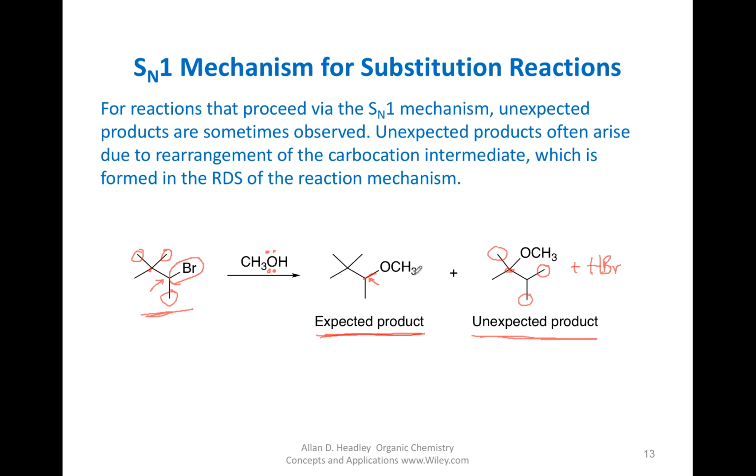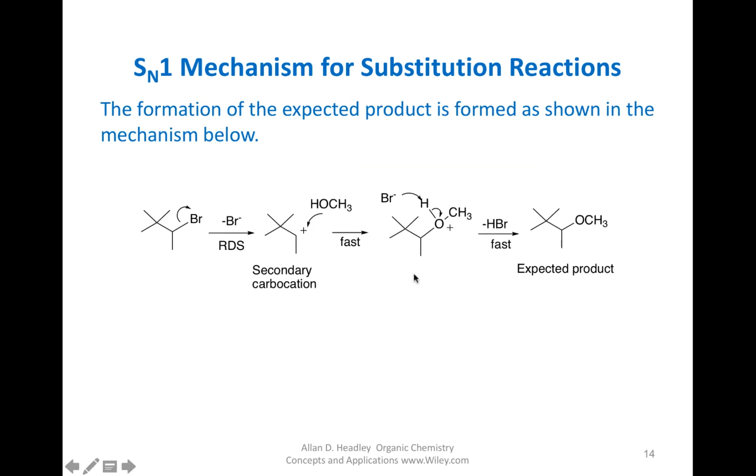So let's see the mechanism to explain the expected product. This bromide leaves with its bonding electrons to form the carbocation right here, and the nucleophile comes in as shown here to form this intermediate.